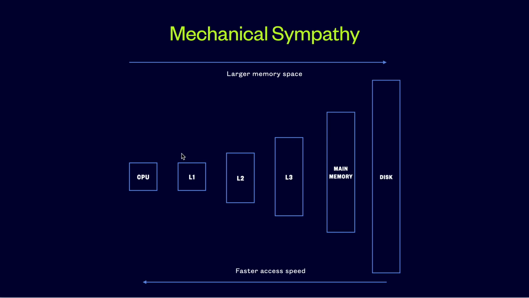And it loads it into the cache line. When you are accessing your data structure sequentially, it's really easy for the CPU to guess the next set of data to load.